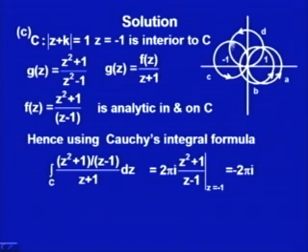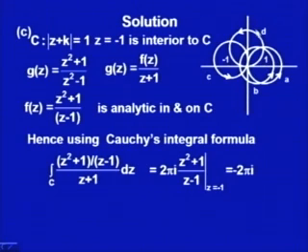Now, let us see for the D. You see what I have said for the D. If I see the D and my function g z as z square upon z square minus 1, this function ceases to be analytic only at 2 points, at z is equal to plus 1 and minus 1. And if I see this contour D, both the points minus 1 and plus 1 are outside this contour.